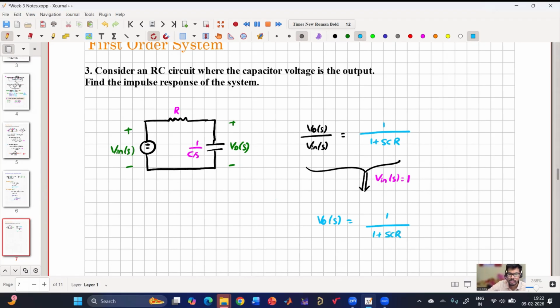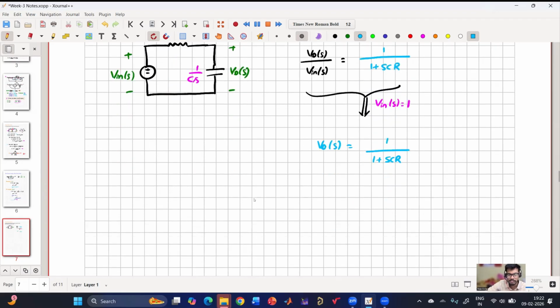So now can I find V naught of t? How to find it? I have just done this in the previous slide. Anyone?